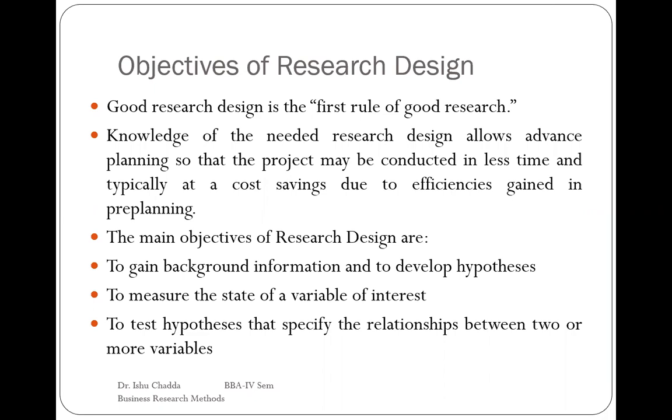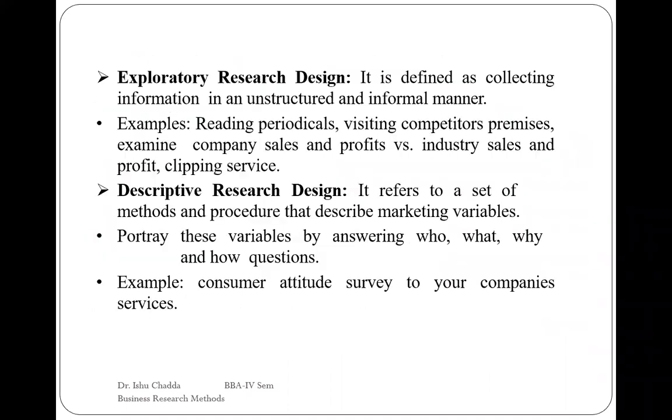So basically you have to see what background information is available to you, what hypothesis you want to set, how you want to measure your variables, and which relation you want to check between two or more variables.